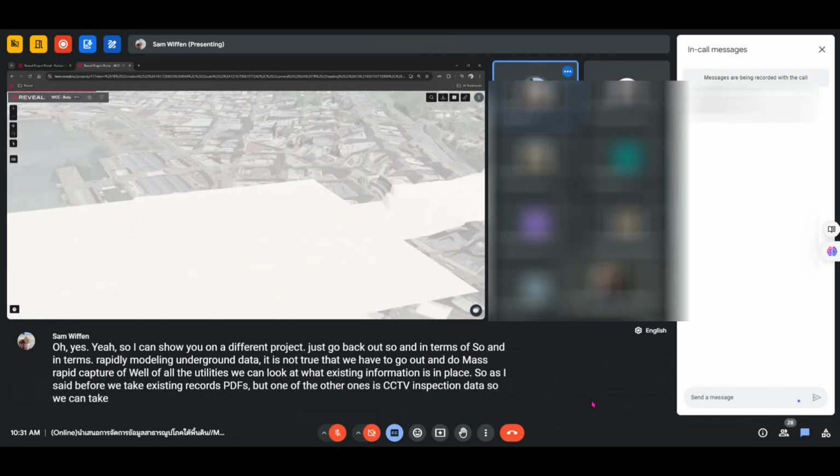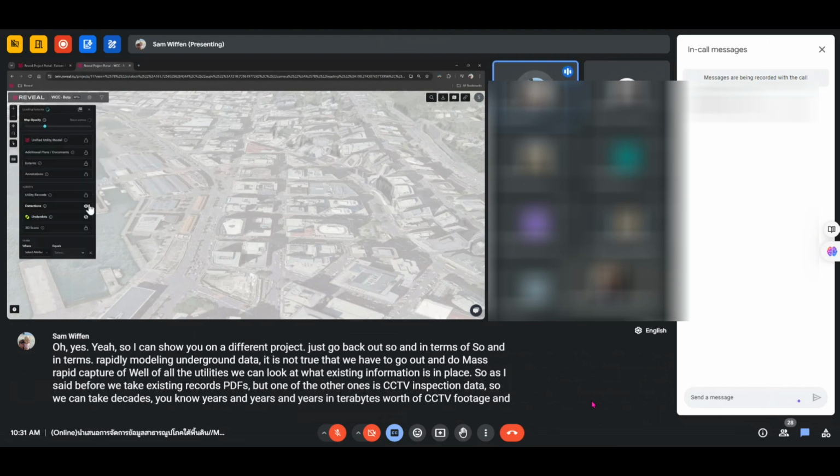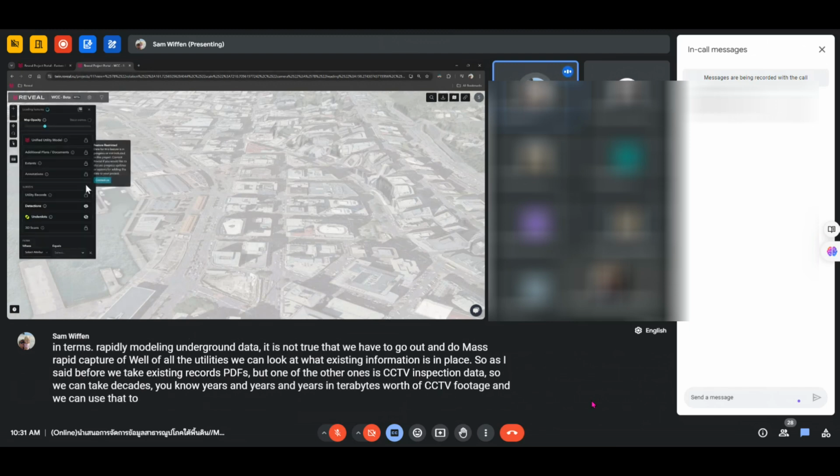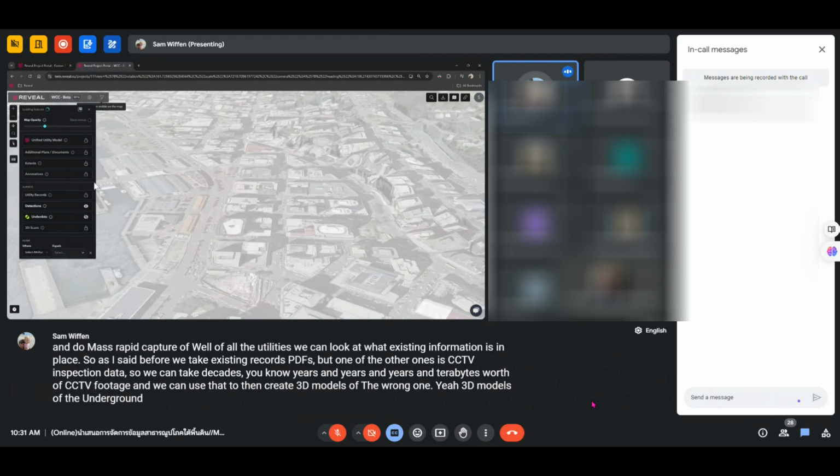We can take decades, years and years and years and terabytes worth of CCTV footage, and we can use that to create 3D models of the underground based on the CCTV.